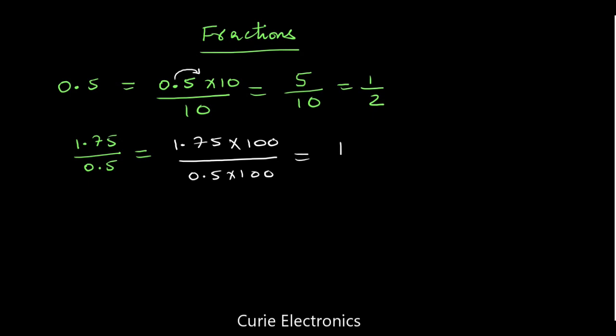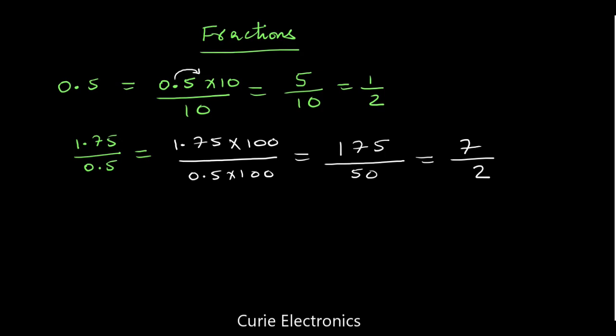So what will you get in the numerator? 175. Multiplying by 100 means you have to shift the point right by 2 digits. So 175 upon 50. Right, now you can simplify by dividing both numerator and denominator by 25, so we'll get 7 upon 2.